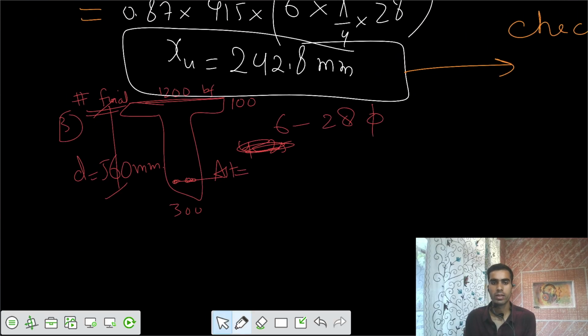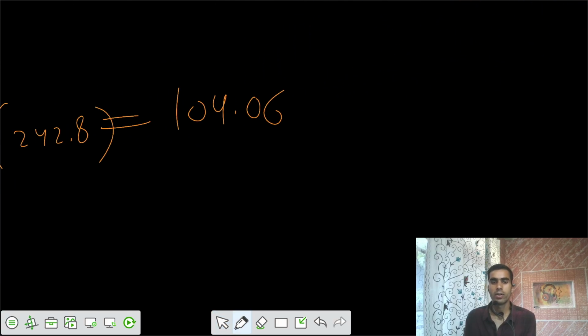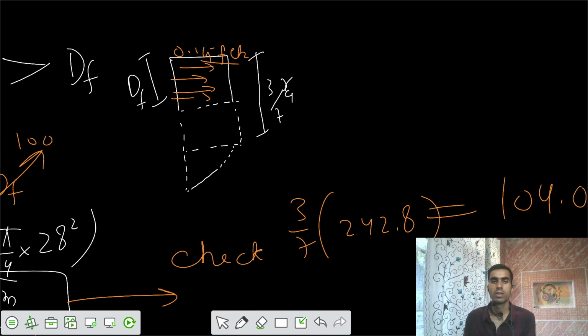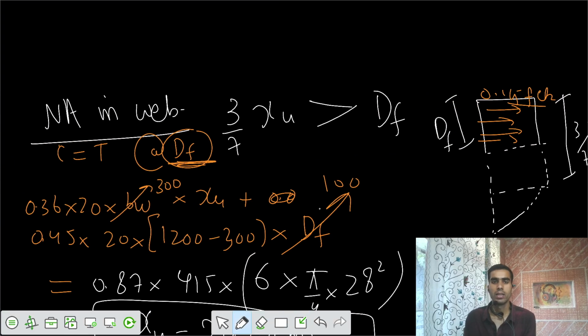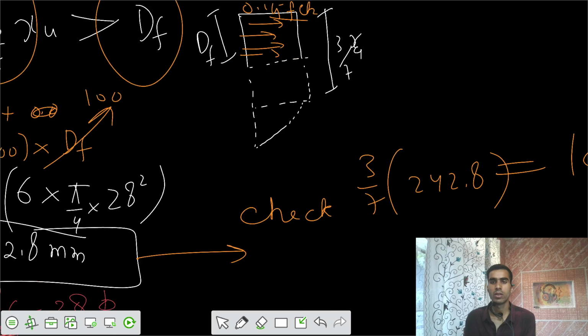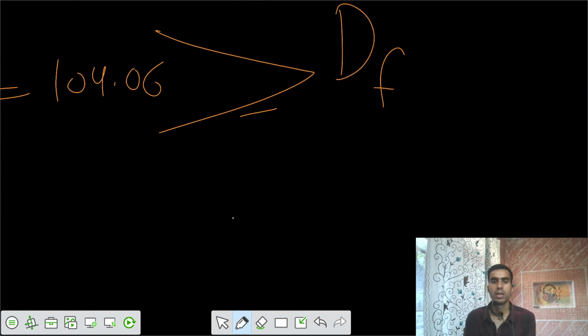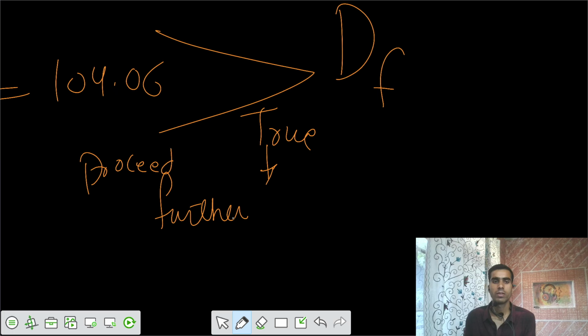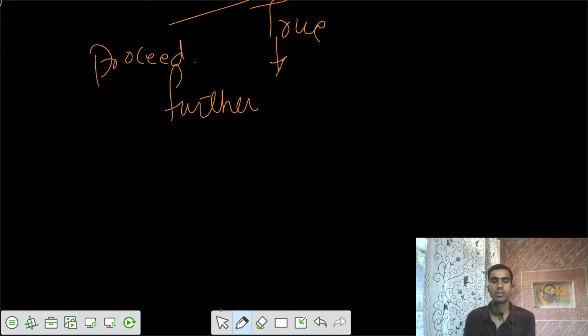Your DF is 100, so your value is greater than DF, and it is true as per the assumption. So we go for the further calculations. Proceed further, for XU limiting.